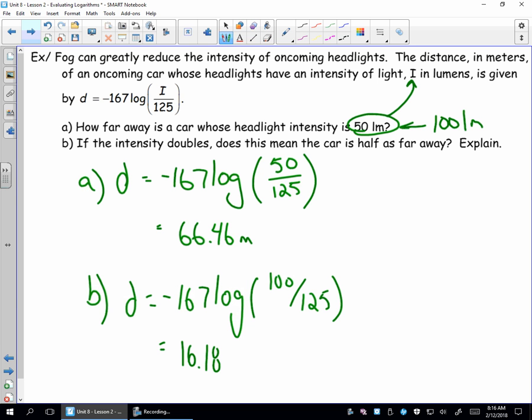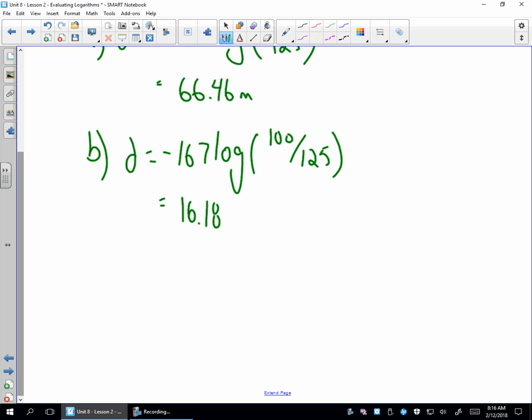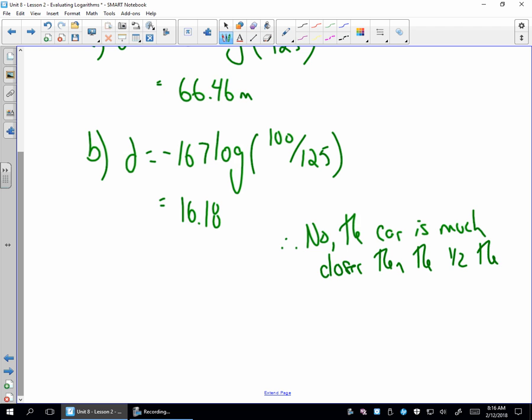So it doesn't mean it's half as far away. In fact, it looks like it's almost a quarter of the distance. Okay, so the answer to the question was, does it mean the car is half as far away? No. No, the car is much closer than half the distance. In fact, it's almost a quarter, right?